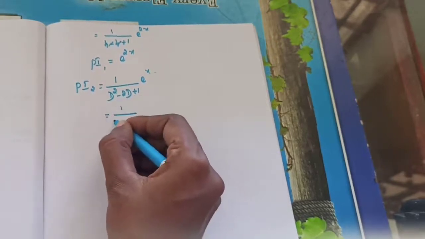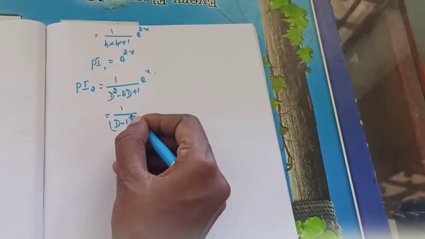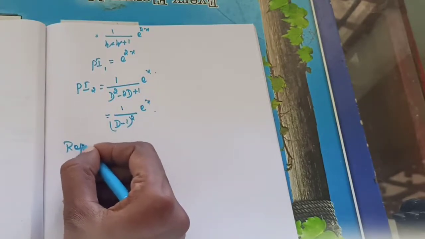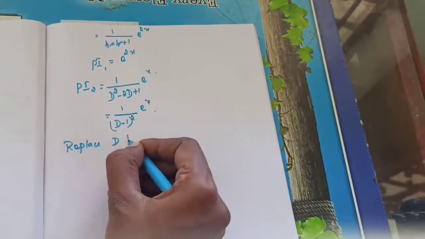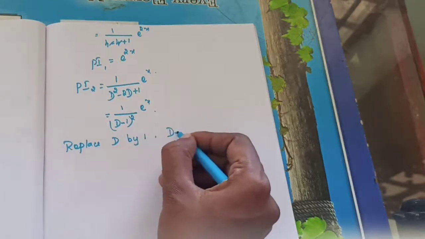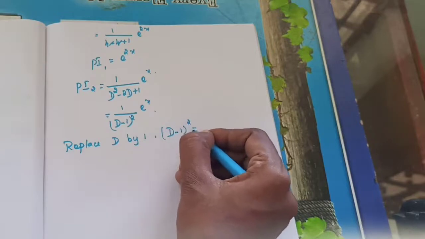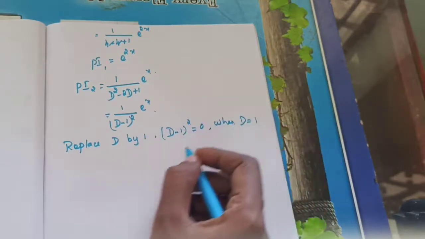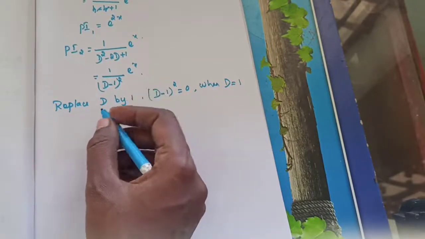So the denominator, shall we write it in the form of (D minus 1) the whole square e power x. Replace D by 1. D minus 1 the whole square becomes 0 when D equal to 1. So when you substitute D as 1, it becomes 0.